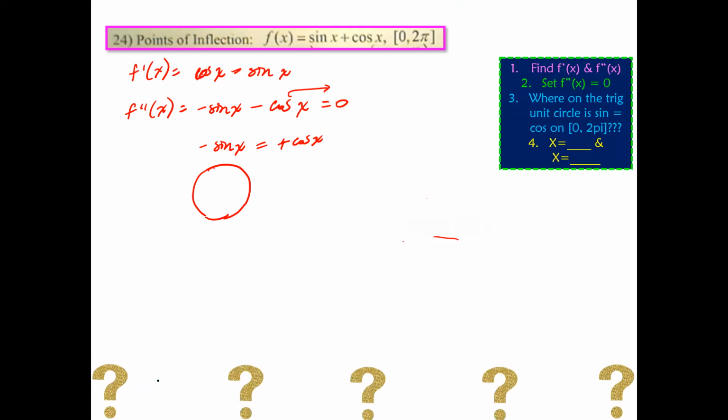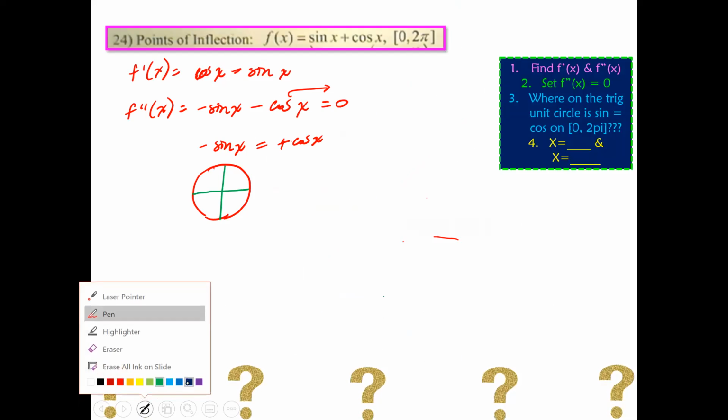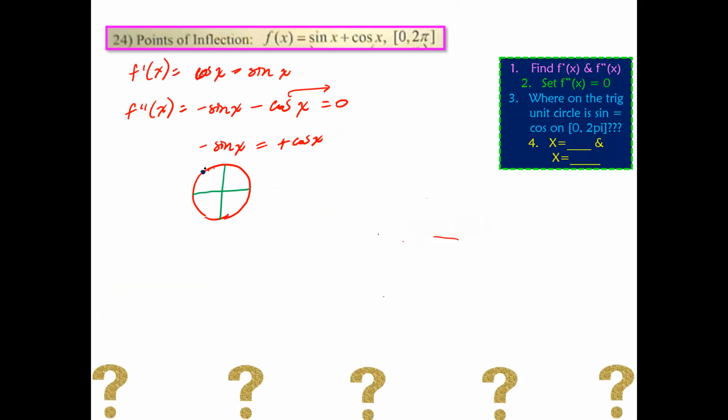The exact spots where this happens, with a negative sine and a positive cosine, is going to be right here. In which case your x is going to be 3 pi over 4 and x equals 7 pi over 4. If you're not sure, let's take a look at the unit circle.